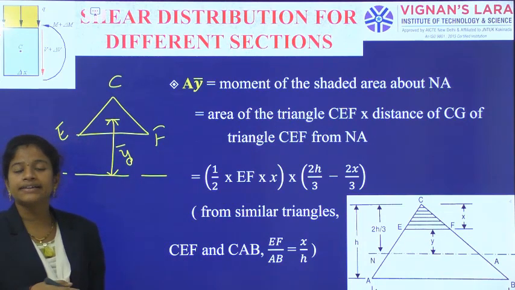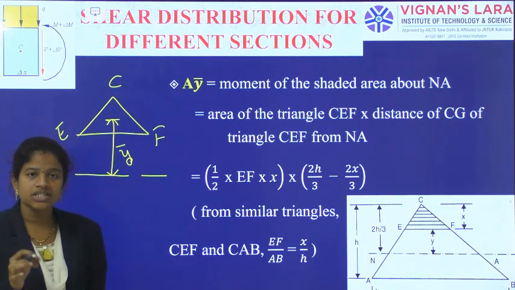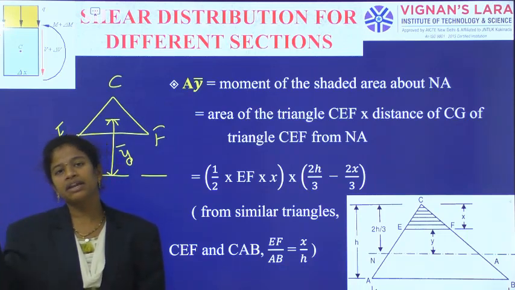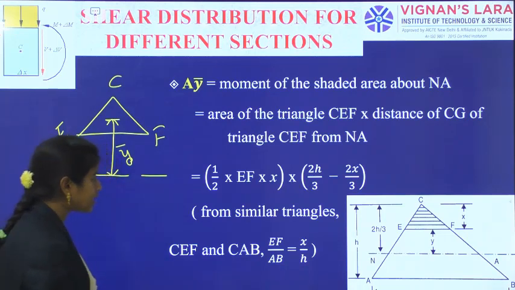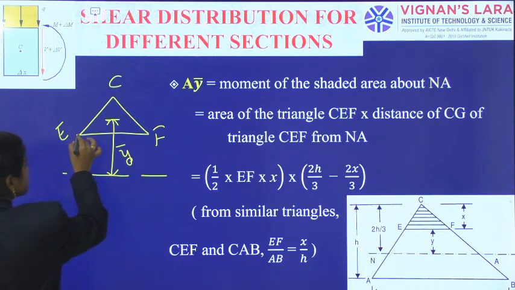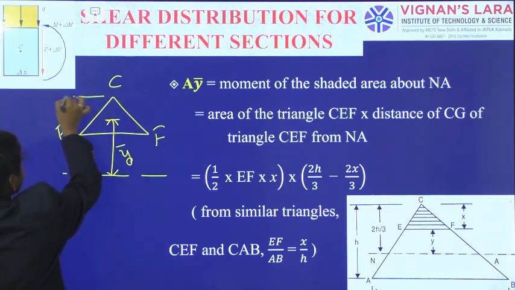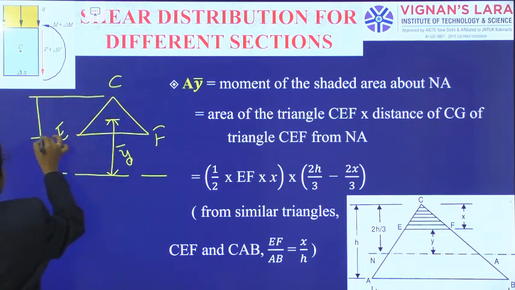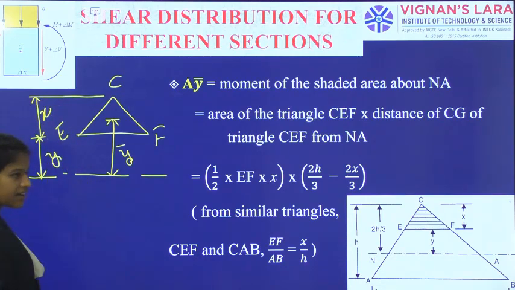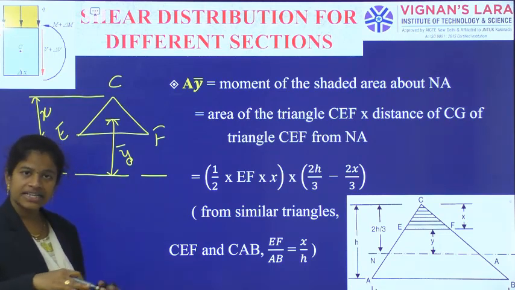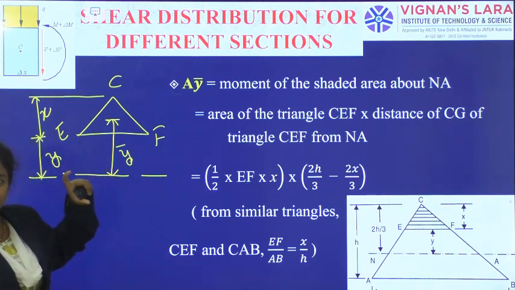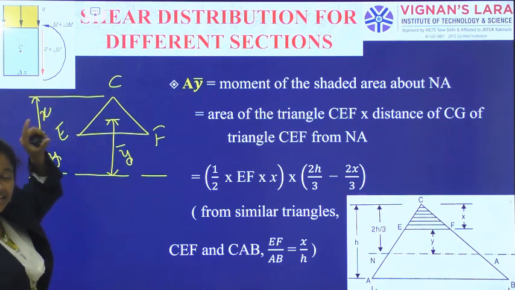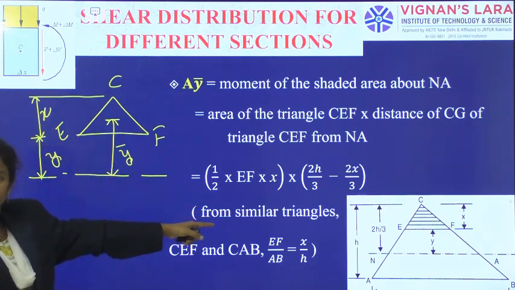Okay, how can I calculate all these things? Once you know any one measurement, the remaining measurements you can calculate. Then further, I am considering this, we know as y, right? From the neutral axis, the EF level is at y measurement and the remaining height of the triangle I have indicated as x.